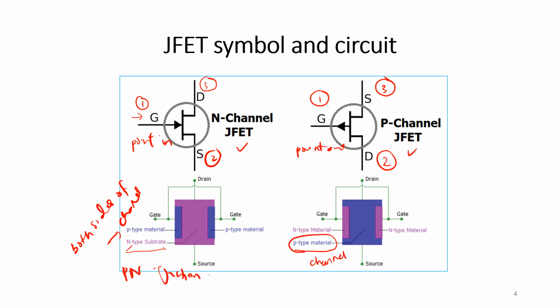At both sides of the P-type material, there are N-type materials that operate as a PN junction, which means the PN junction will be formed in this area. The depletion region will happen somewhere inside the channel. The channel is connected between the source and drain terminals, through which the current flows.